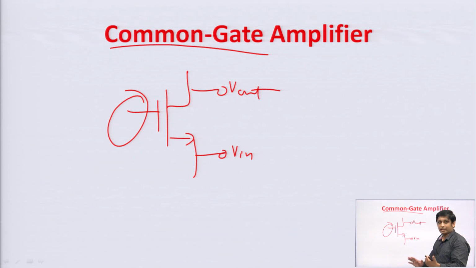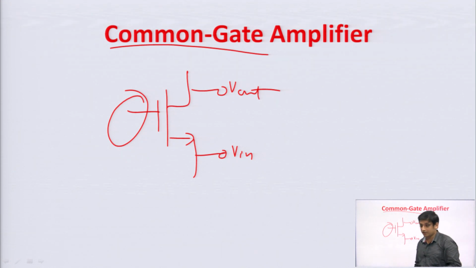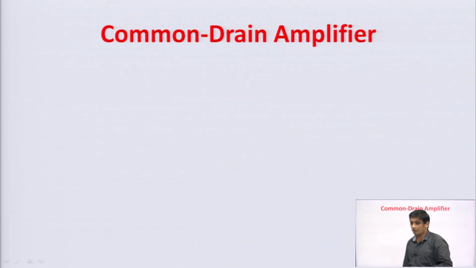Similarly, the characteristics are the same. The common gate is used as a current buffer, like common base is used as a current buffer. It is used for high frequency applications because there is no Miller effect in common gate amplifier.